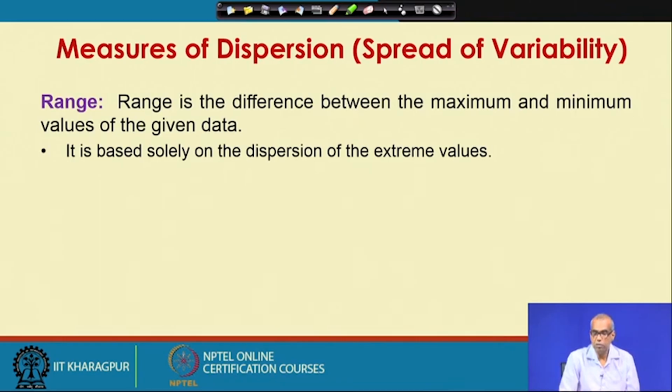Measures of dispersion or spread of variability. Range is the difference between the maximum and minimum values of the given data. We have talked about this when we talked about static characteristics.